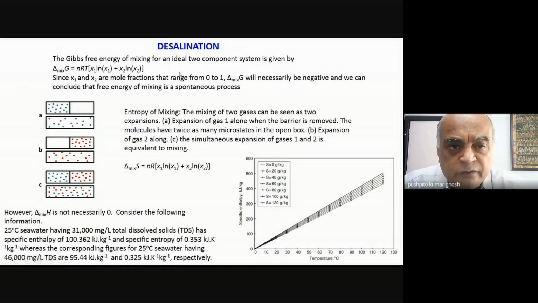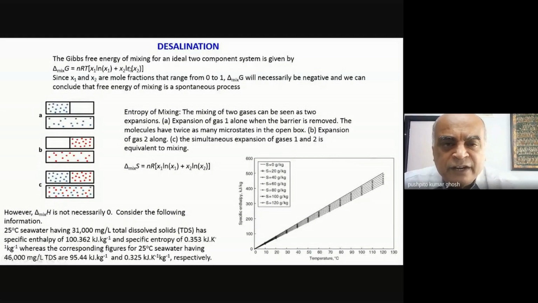That's what x2 is. Both these are less than 1, because they'll be fractions when I mix. And so my log term will be negative. So my delta G of mixing becomes a negative number because my log values are negative.